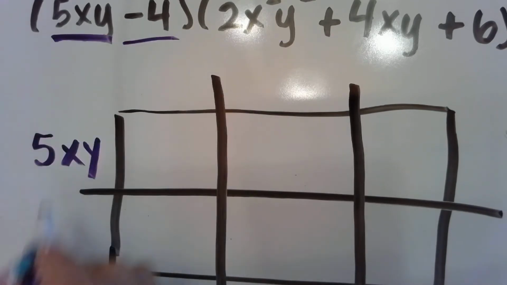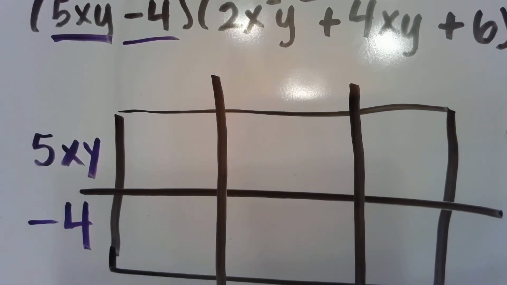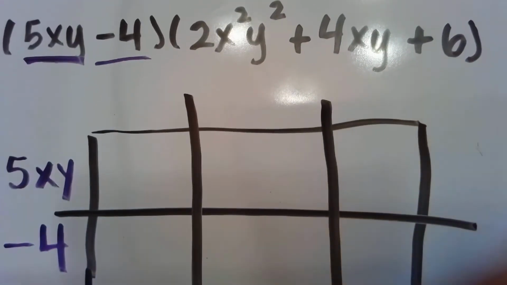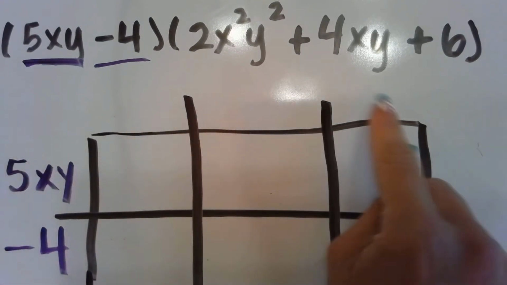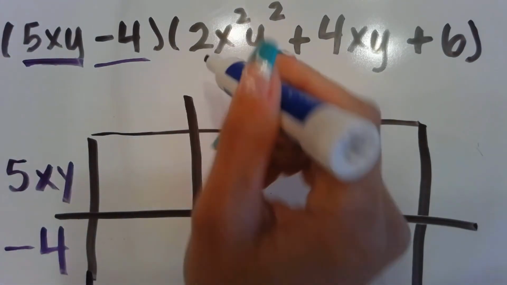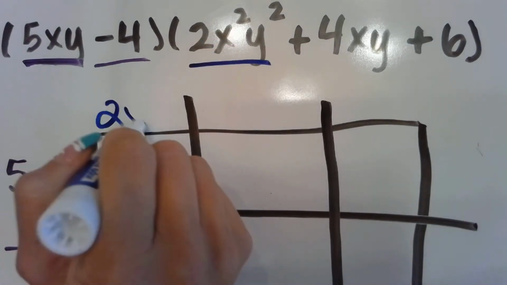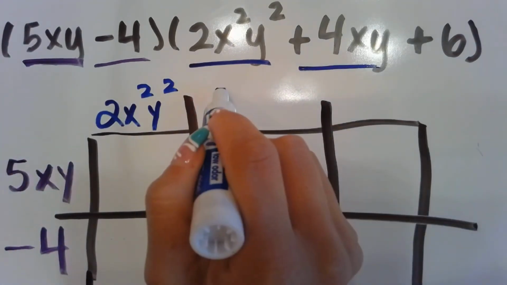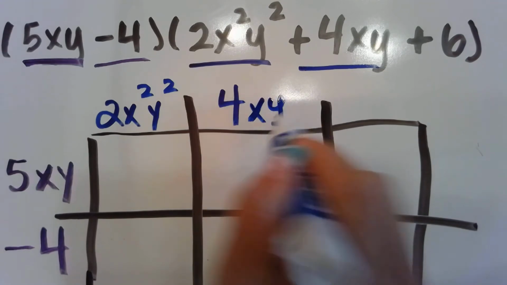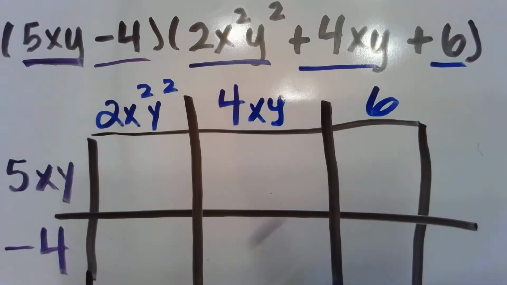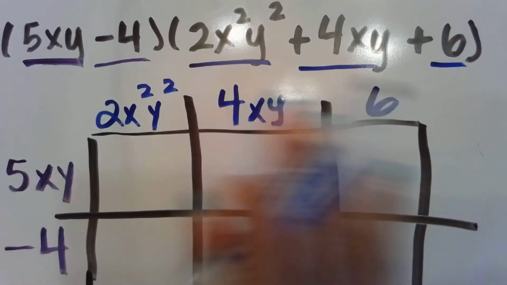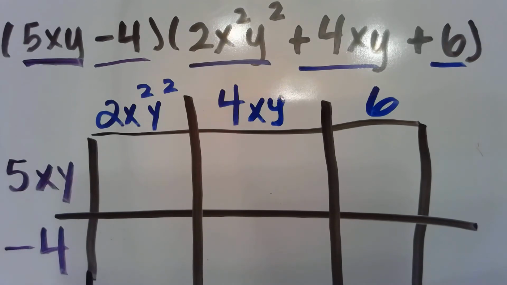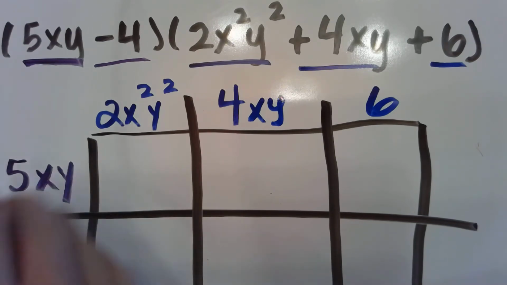I have a negative 4, so take your sign, negative 4, and put that there. And then we're going to go ahead and look at our trinomial piece and fit those 3 pieces here. So I have 2x squared y squared, I have 4xy, and I have 6. Okay? That's all I'm doing, is I'm just filling out these pieces.